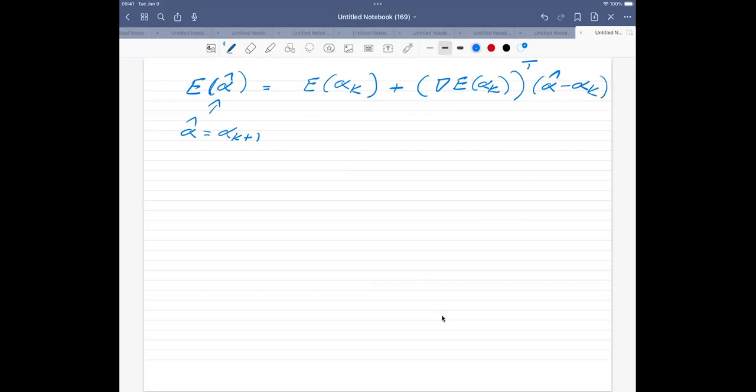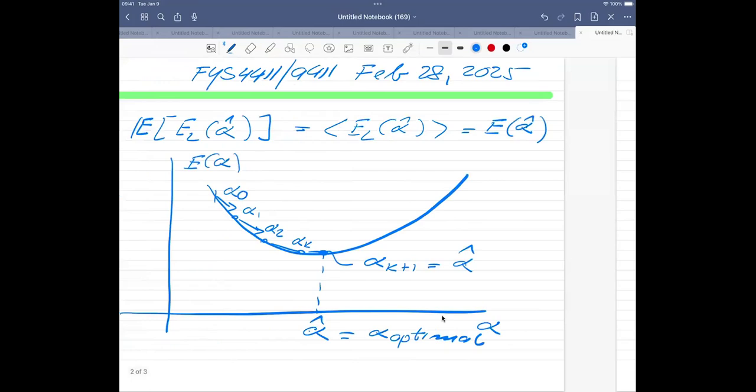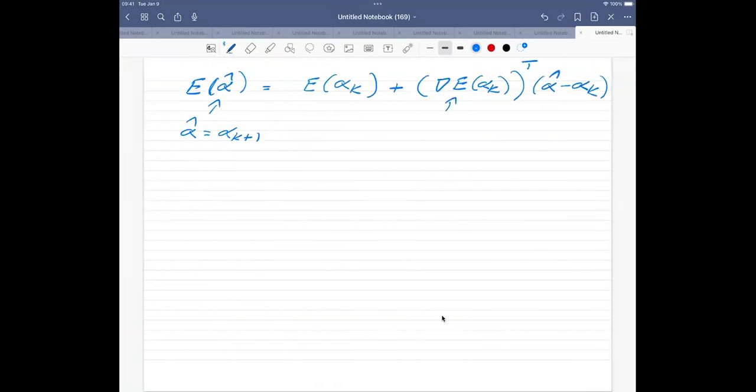If you have only one parameter, like the case here, this would just be dE of d alpha evaluated at alpha equal to alpha k, multiplied with alpha minus alpha k, and these are just scalar quantities. But if you have more than one parameter alpha, you would rephrase this as a gradient times a vector. Since the expectation value of the energy is a scalar, just a number, you have to take the transpose of one of these vectors.